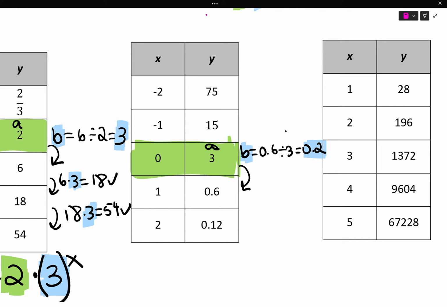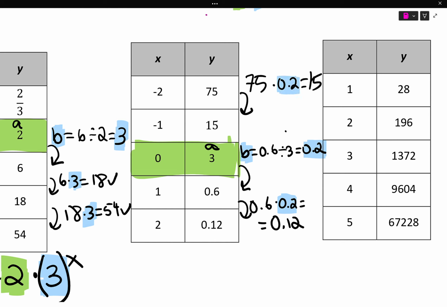Let's make sure that works, okay? 3 times 0.2, yes, that's 0.6, perfect. Let's try one more. Let's do this one. 0.75 times 0.2, it's 0.15. Okay, awesome, we got it. So our function, f of x equals 3 times 0.2 to the power of x.